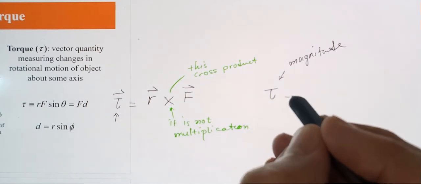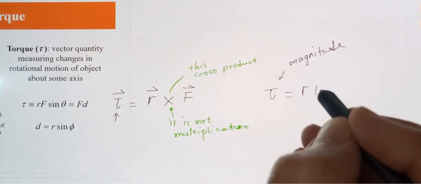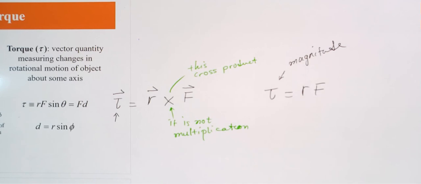Is equal the magnitude of vector R multiplied by the magnitude of vector F, and here multiply is the mathematical multiplication.